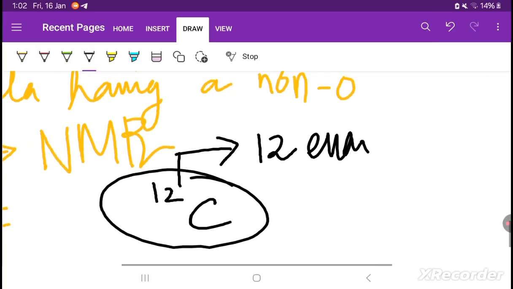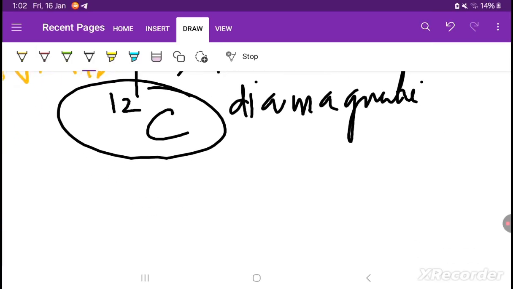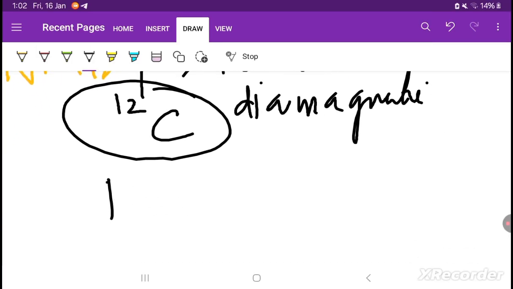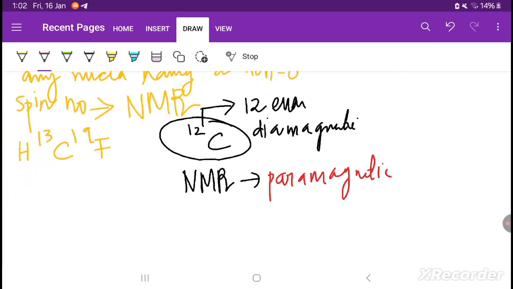It can also be said that it is diamagnetic. So here comes another definition: whatever can be studied by NMR, only those which are paramagnetic can be studied under NMR.